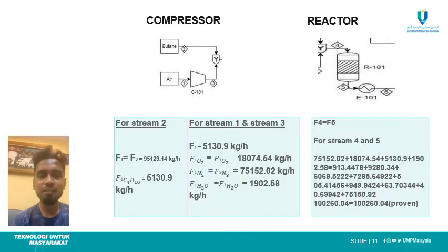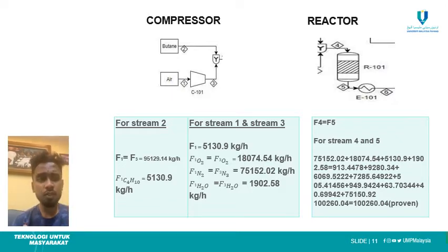So guys, firstly, the compressor. As you guys can see, the components in stream 1 are the same as in stream 3, which contains oxygen, nitrogen and water. And there is a mixer before the components in streams 1 and 3 flow into stream 4. So let's look at the flow rates.